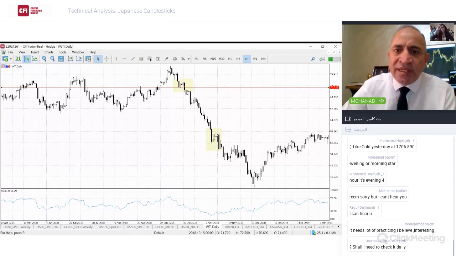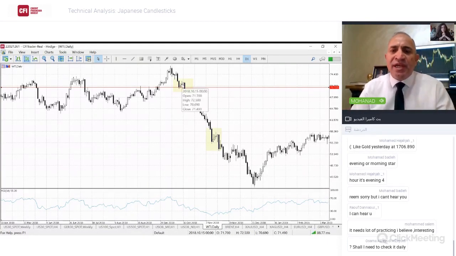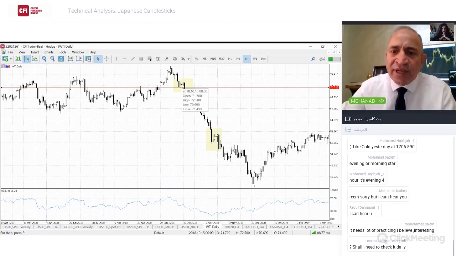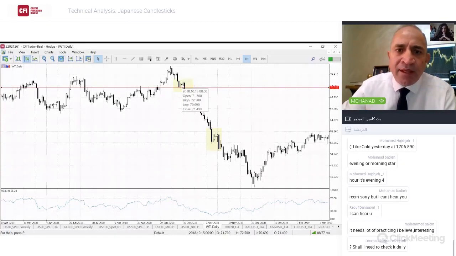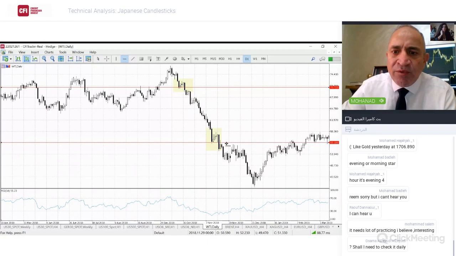All the small real bodies have a closing and opening price within the opening and the close of the first candlestick. And the pattern ends with a new candlestick closing lower than the low of the first one. That means the price will also continue moving down the trend.